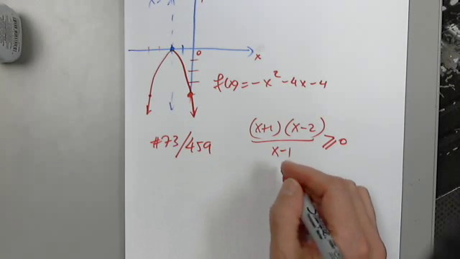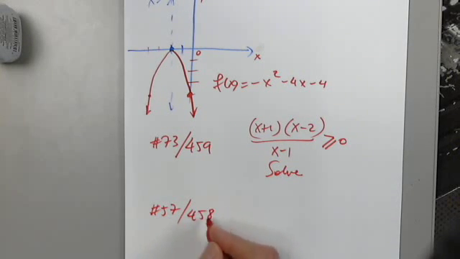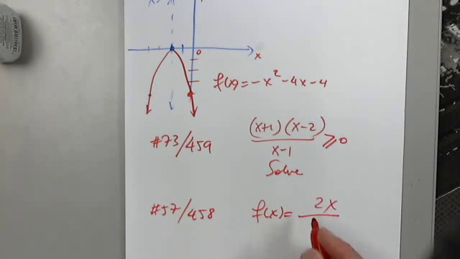To solve. And then I would like us to graph 57 on page 458. Do not copy the second one. We're going to work on the first one, and then we'll work on the second one. So let's graph that.